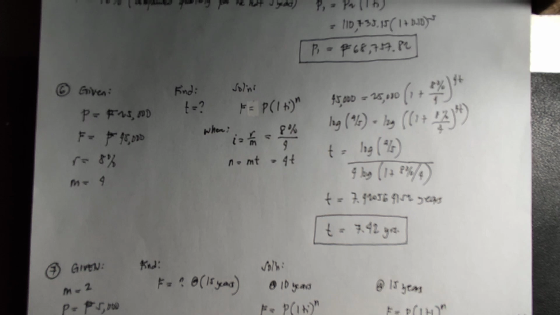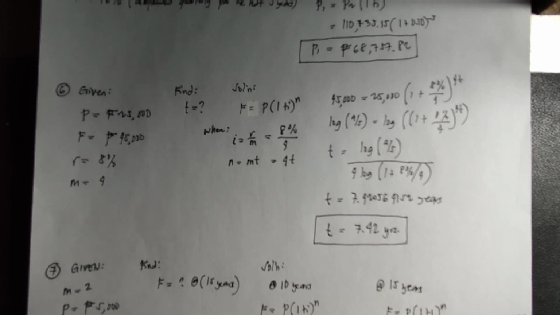So our solution is using the future amount formula, which is F is equal to P times the quantity of 1 plus i raised to n, where i is equal to r over m, is equal to 8% over 4. Then n is equal to mt, is equal to 40.